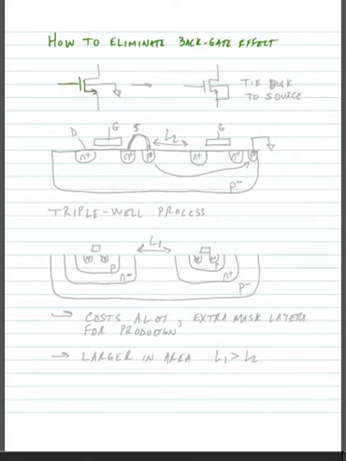The first thing that we do if we have a transistor, so here we have an NMOS transistor, and let's say that our bulk is tied to ground, like it almost always will be, then the easiest way to eliminate the backgate effect is, well, if that's the case, why don't we just always tie our source to ground also? Or why don't we just, in fact, instead of tying our bulk to ground, tie our bulk directly to our source voltage?